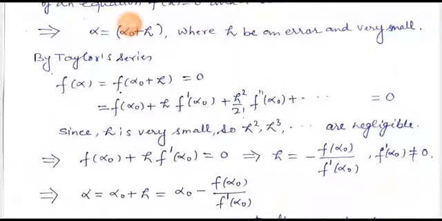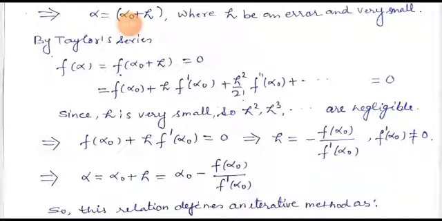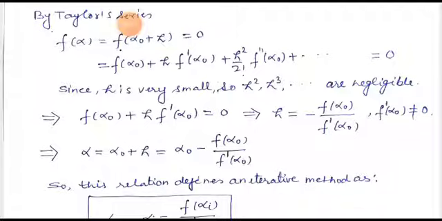By Taylor theorem or Taylor series, if alpha is replaced by alpha 0 plus h, then the equation becomes f(alpha 0 plus h) = 0. With the expansion of Taylor theorem, it gives f(alpha 0) plus h f dash(alpha 0) plus h square upon factorial 2 f double dash(alpha 0) plus dot dot dot is equal to 0.